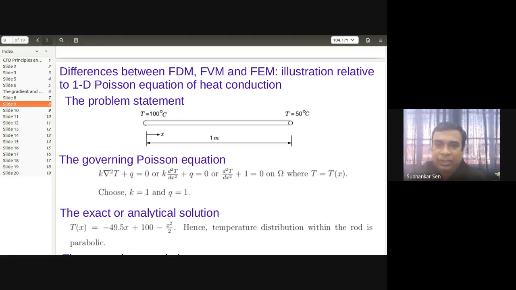This is an equilibrium problem, an elliptic partial differential equation, the Poisson equation. K is the thermal conductivity, T is the temperature, and Q is the heat source. Here Q is given as 1 and thermal conductivity is 1. This is the physical domain, which will be converted to the computational domain.